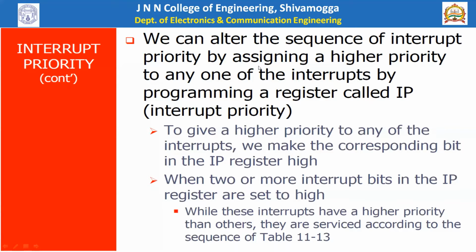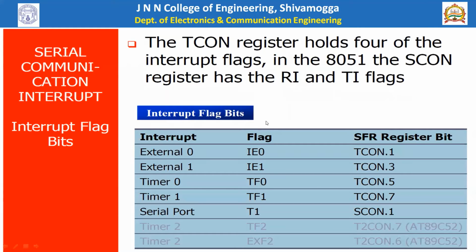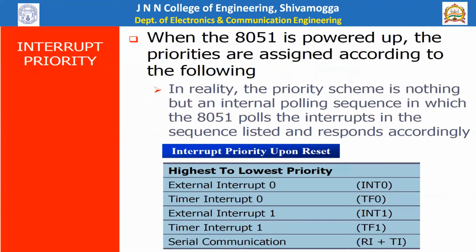To give a higher priority to any of the interrupts, we make the corresponding bit in the IP register high. Whatever priority is assigned by the 8051 structure is that list: external interrupt 0, timer interrupt 0, external interrupt 1, timer interrupt 1, serial communication.